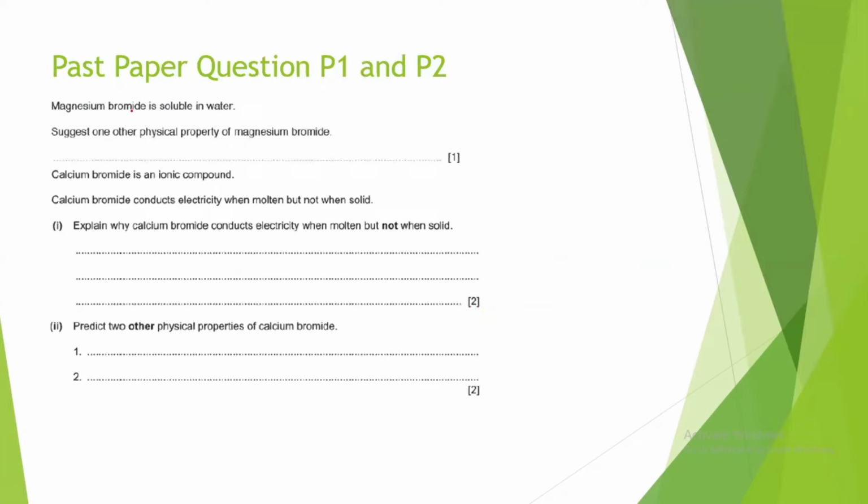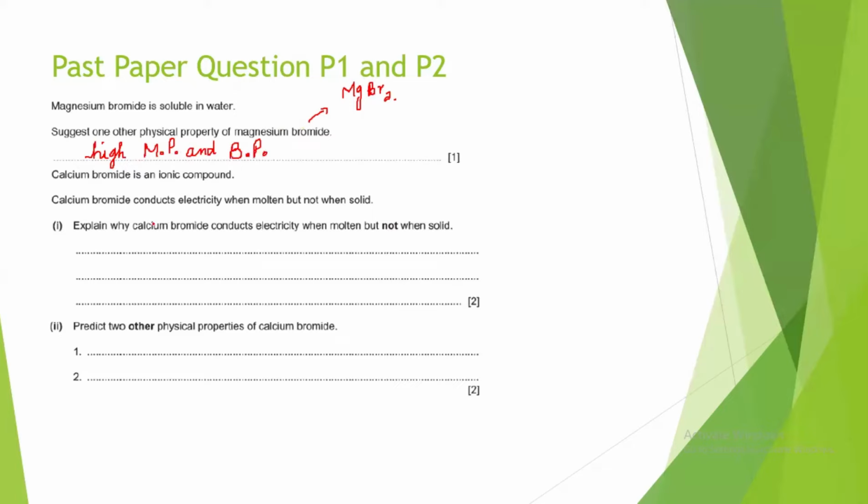So let's move further towards some past paper questions. Suggest one other physical property of magnesium bromide. We know magnesium bromide is an ionic compound. So its physical property would be that it has a high melting point and boiling point.